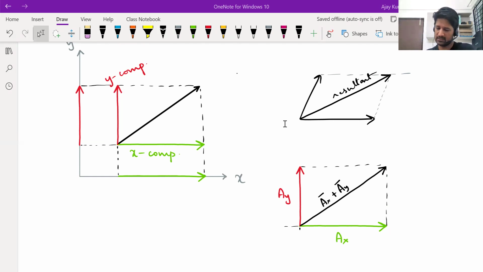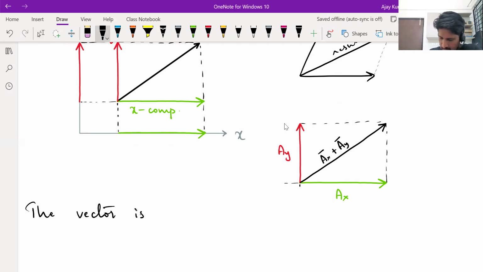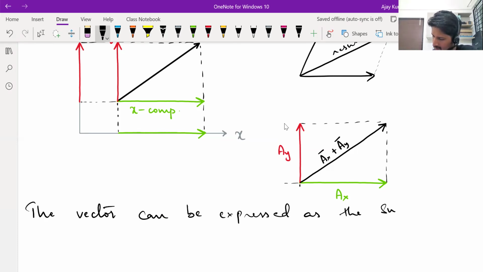And the idea here is the vector can be expressed as the sum or resultant, you can say, of its orthogonal components.